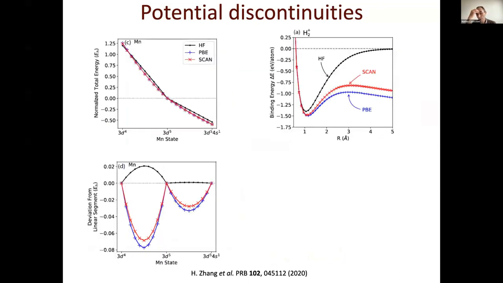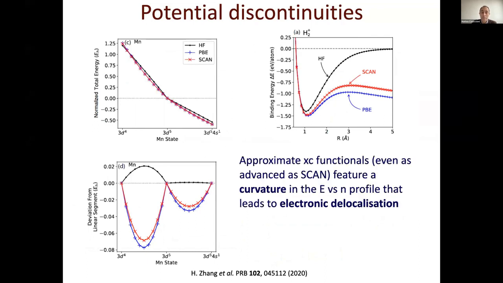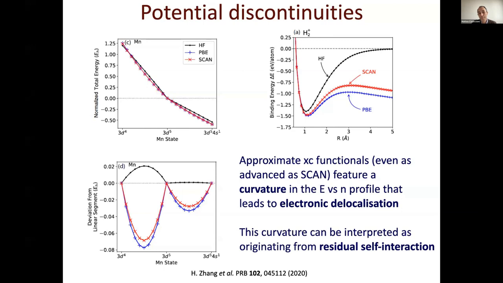Now, one may think, okay, in the last 40 years there has been much development in the functionals, but even the SCAN functional has the same type of problems, because it's an inherent problem of semi-local DFT.